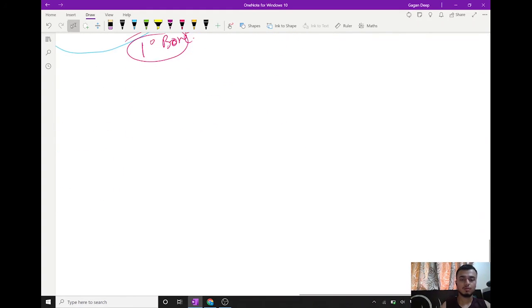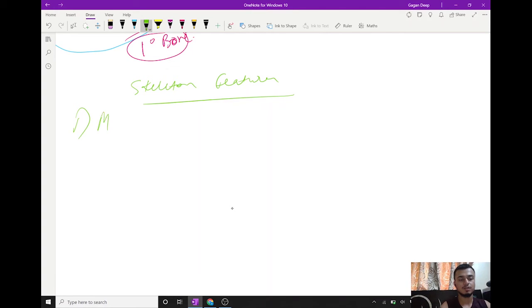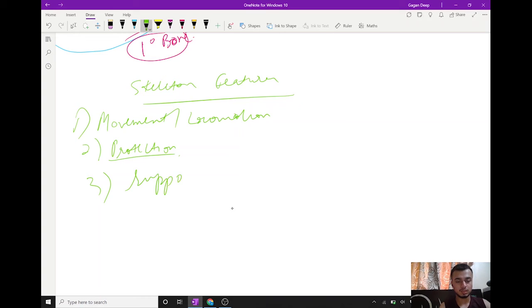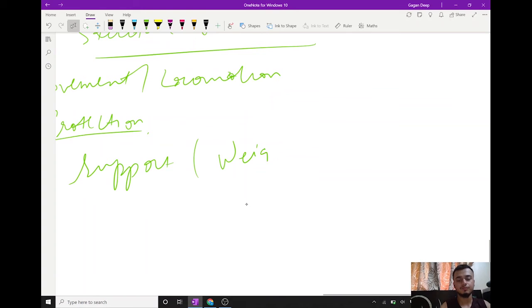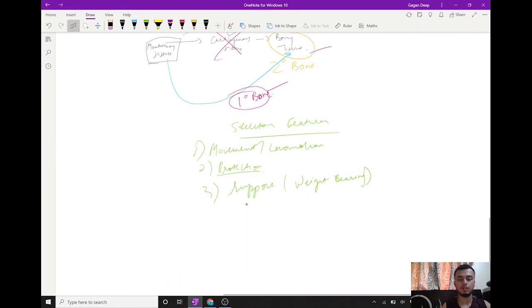Now, let's talk about some features of the skeleton. It's needless to tell you. First, let's talk about movement or locomotion in the beginning, then the protection, then it supports us, support or weight bearing of our organs basically.